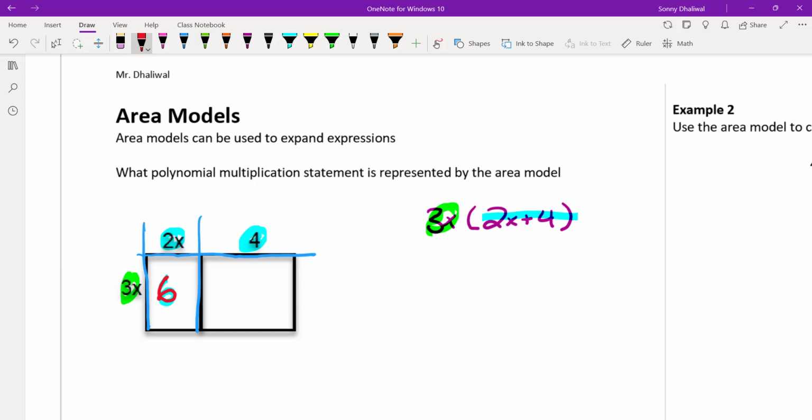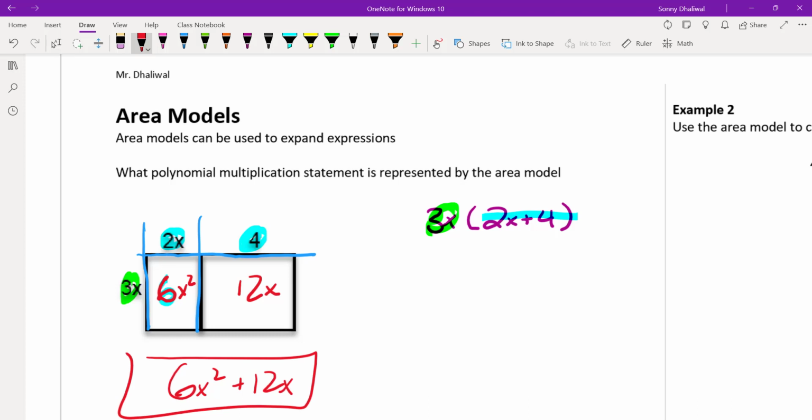And the x gives us x squared. Okay? Then this one times this one gives us this box. 3x times 4 gives us 12x. And then the stuff inside becomes your answer. So that'd be 6x squared plus 12x, since that's a positive 12x. And you got the same thing by doing the rainbow.